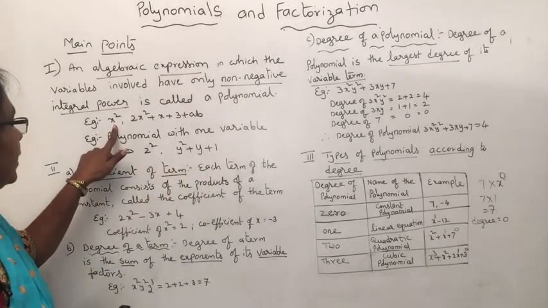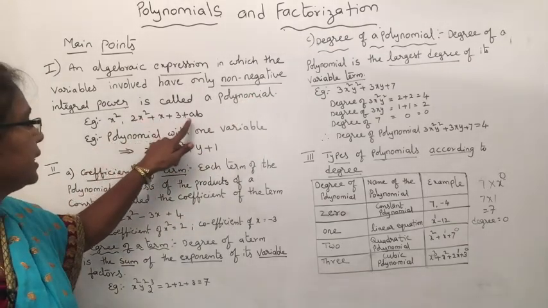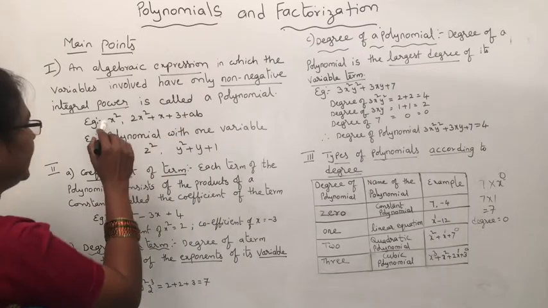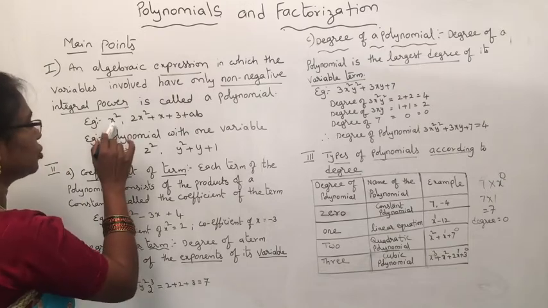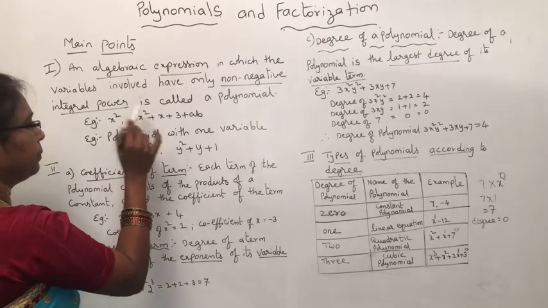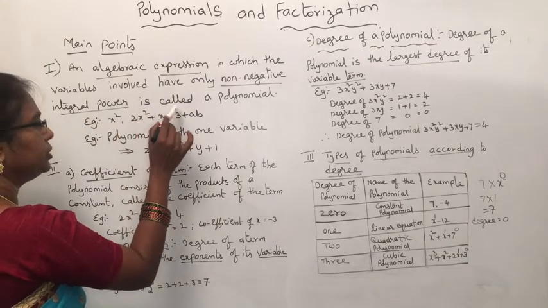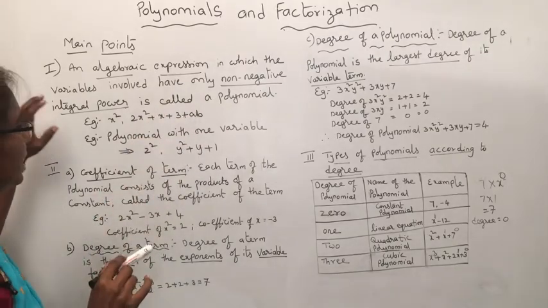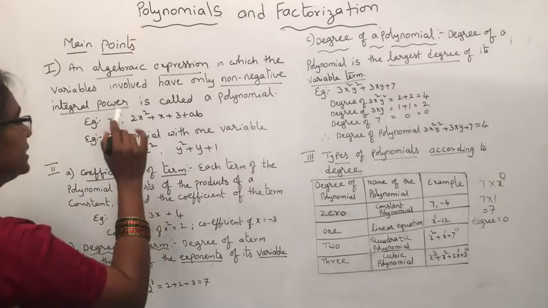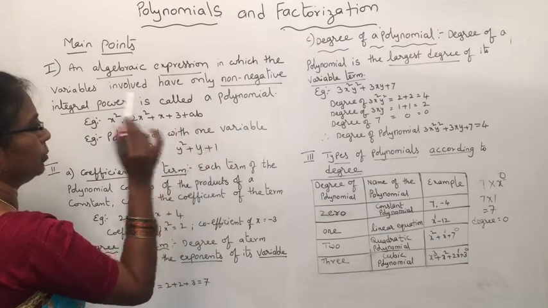Example: x square, 2x square plus x plus 3, plus ab. Here in the expression the power is 2, positive 2, so this is called a polynomial. Here x power is 2, here 1, here 0, so these all come under non-negative integral exponents, then we can say these expressions are polynomials.